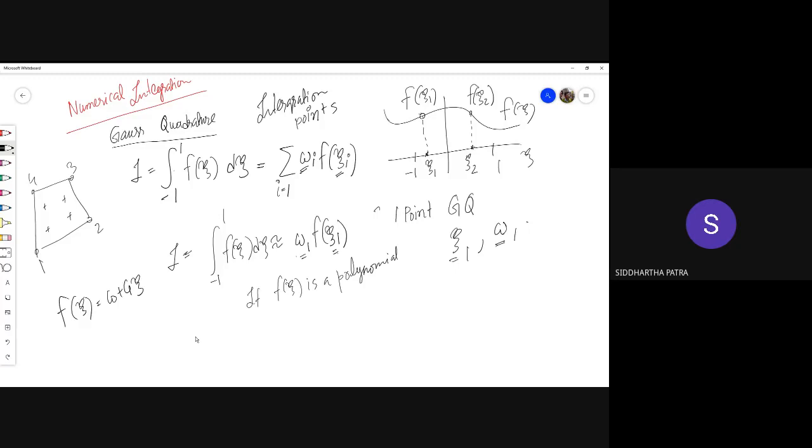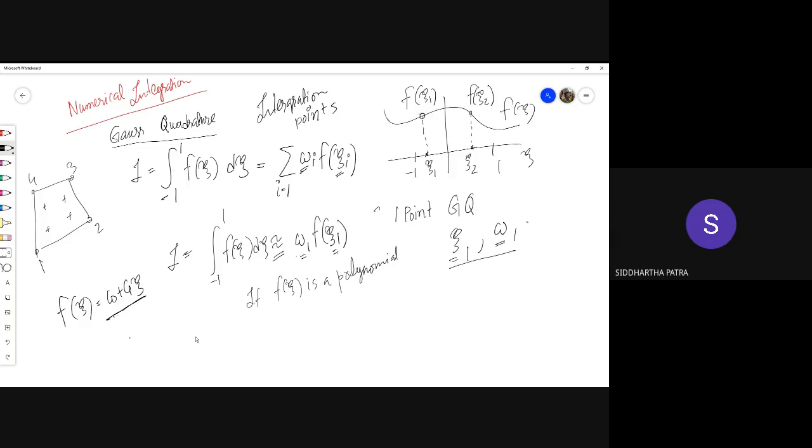Now here we are willing to get approximate integration, but even an approximation should be benchmarked. That means in some situations it is supposed to give you the exact value, a situation where you have a polynomial with two parameters. You are using two parameters and the polynomial also has two parameters.